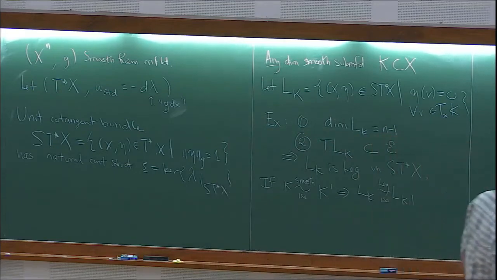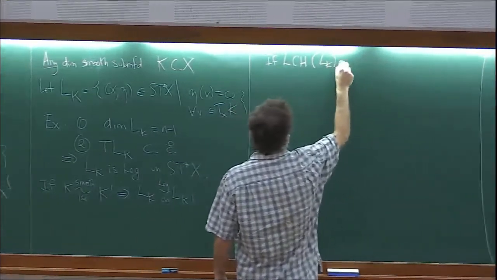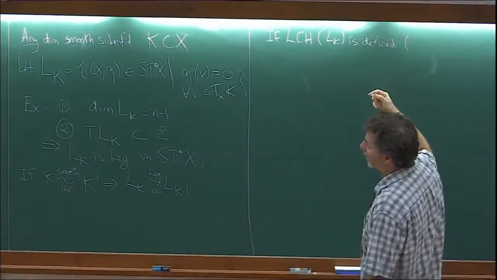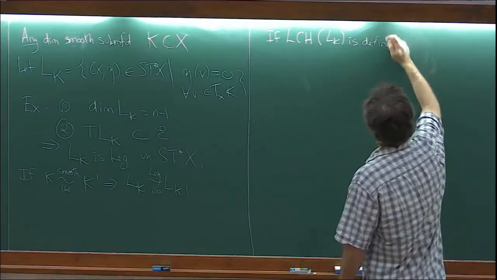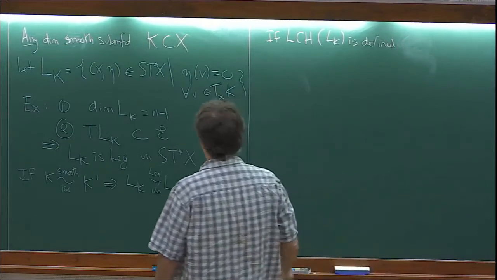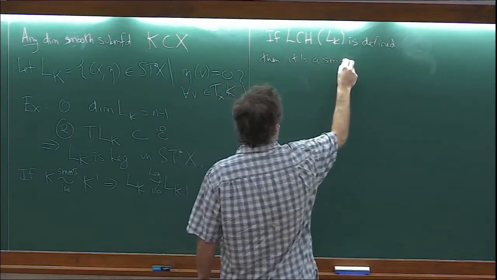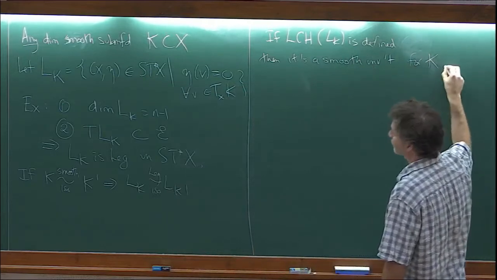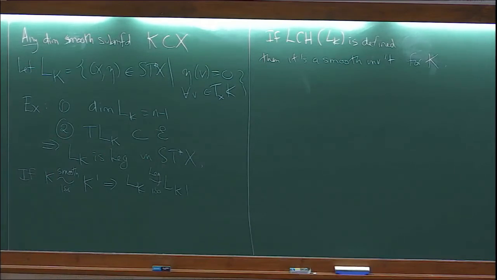So if the Legendrian contact homology of LK is defined, then it's a smooth invariant, a differential topology invariant for K. So you can use Legendrian contact homology to study problems in differential topology.